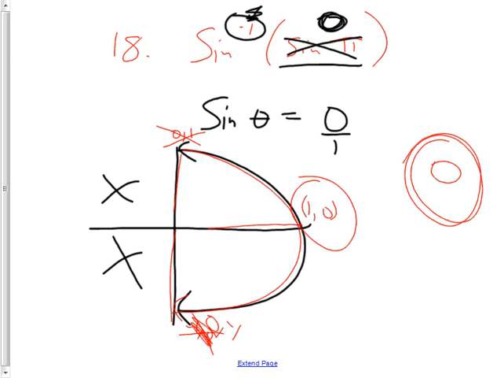Let's make sure that doesn't mess it up. Sine is supposed to be the y, and the y is supposed to be 0, so it doesn't. That spot doesn't work anyway, so it's okay. But thanks for letting me know. All right. Any other questions about this one? So that final answer came out right there, because the y is 0, and there's y being 0. So we said 0.